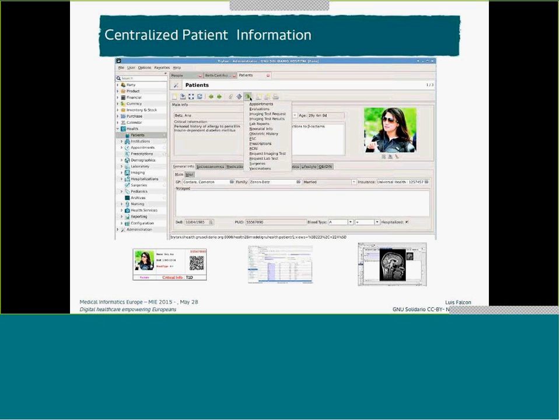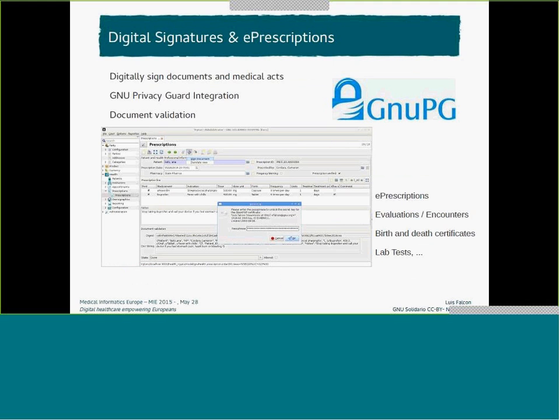On the next slide we'll talk a bit about digital signatures. We've incorporated the possibility and the ability of signing any digital documents. And again, you're in charge of saying which documents you want to be able to sign and/or encrypt.